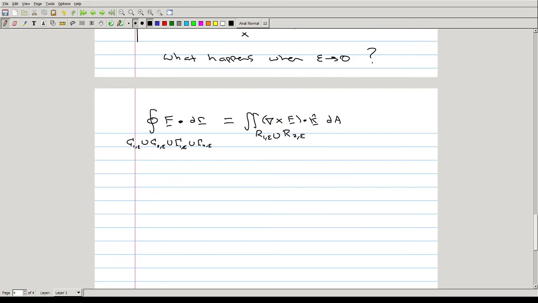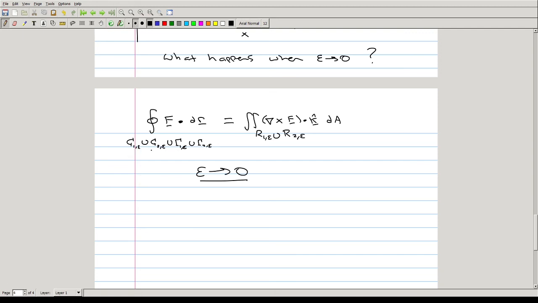And as epsilon goes to 0, so in this limit, this curve gamma 1 epsilon is becoming gamma. This curve gamma 2 epsilon is becoming negative gamma, or gamma traversed in the opposite direction.